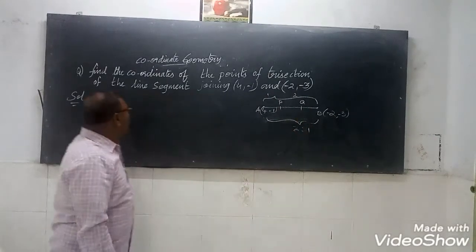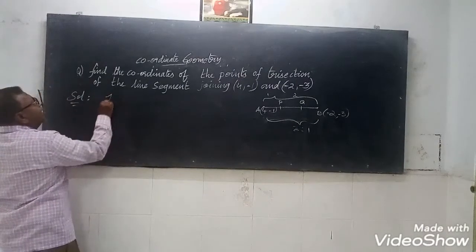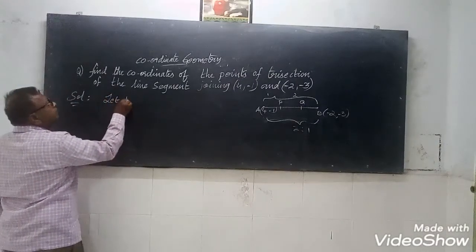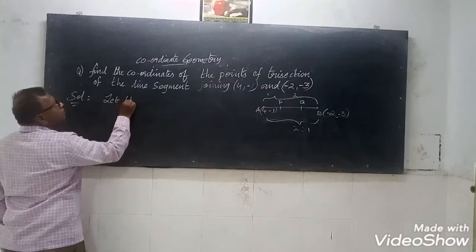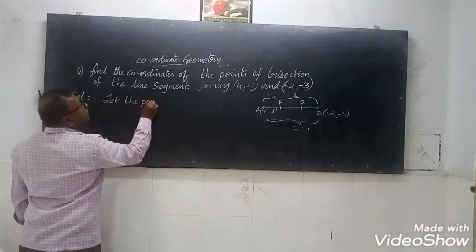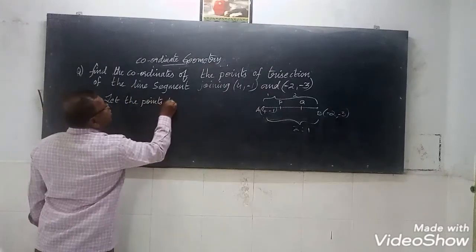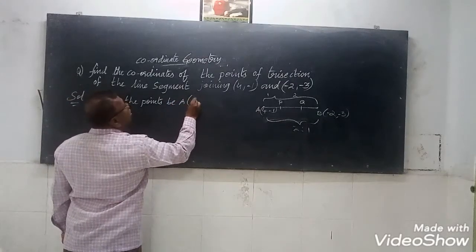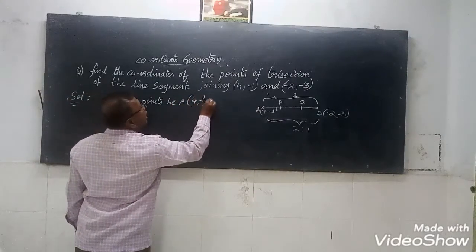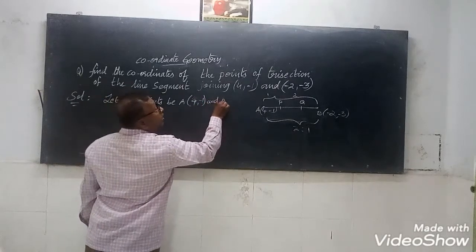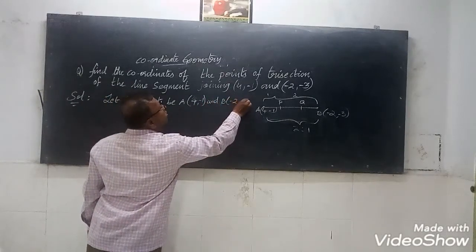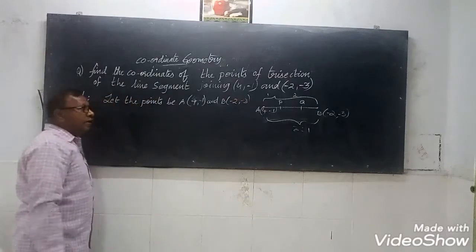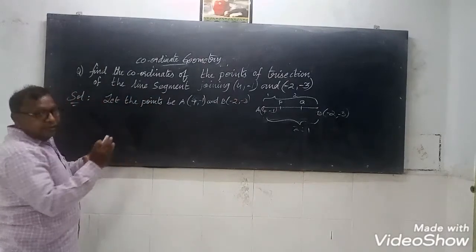Now let the points be A (4, -1) and B (-2, -3). Now see, P is a point.